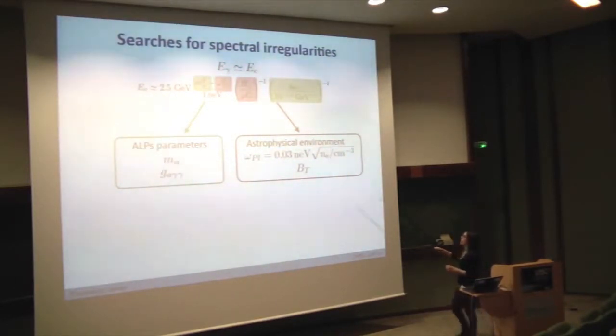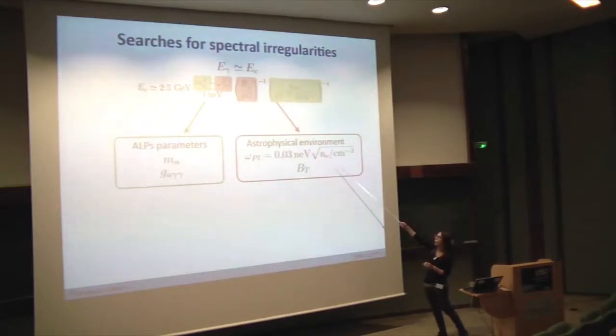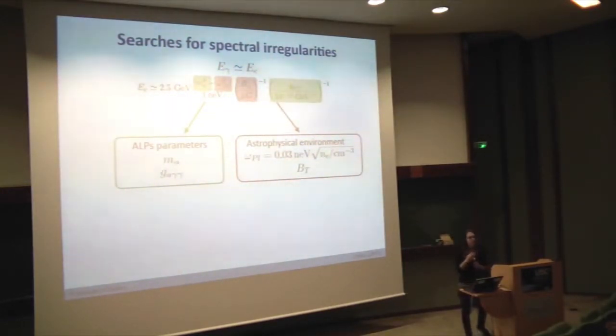In particular, it depends on the plasma frequency, which gives an effective mass to the photons, and depends on the density of electrons in the medium.